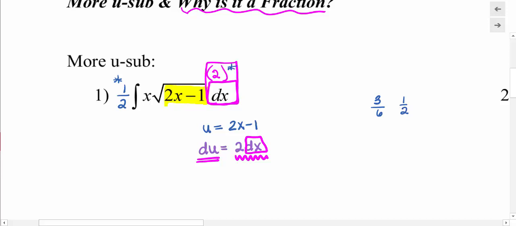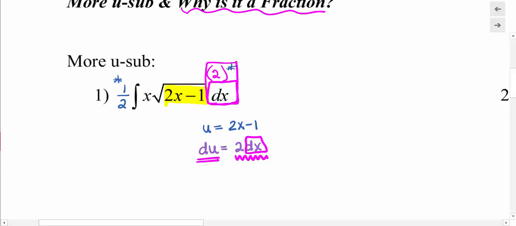Whether I go from the left to the right or from the right to the left, I can either think of it as multiplying by 3 over 3 or dividing by 3 over 3, but those are equivalent fractions. I'm doing the same thing here with my integral. I'm multiplying by 2 on the inside and multiplying by 1/2 on the outside.